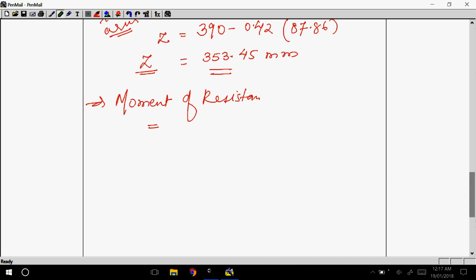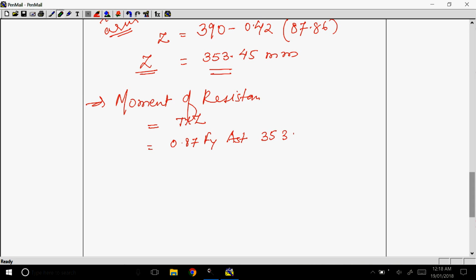Fy is your stress, Ast is your area, so stress into area is your tensile force, and this is the factor for tensile force of steel.